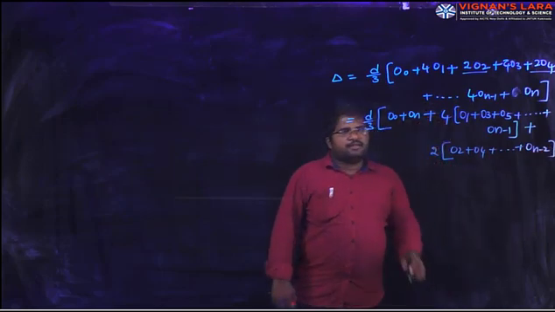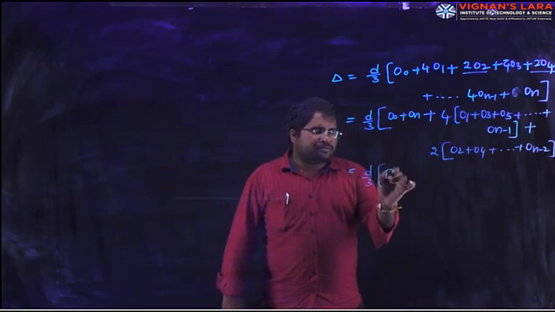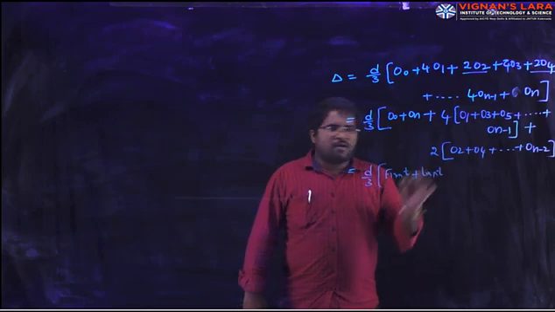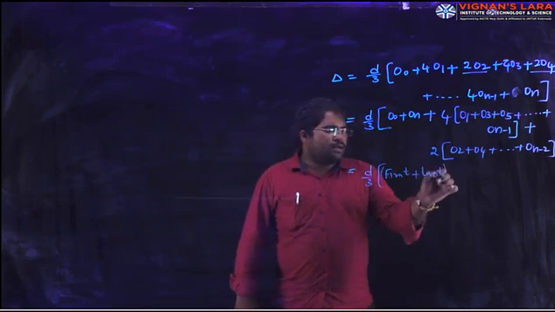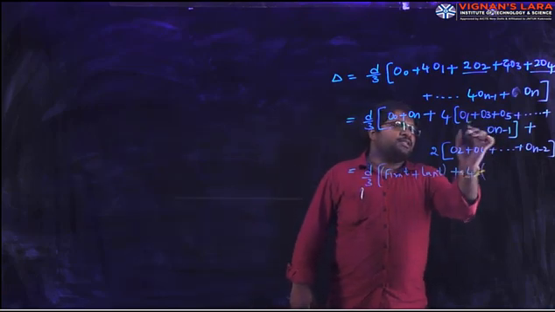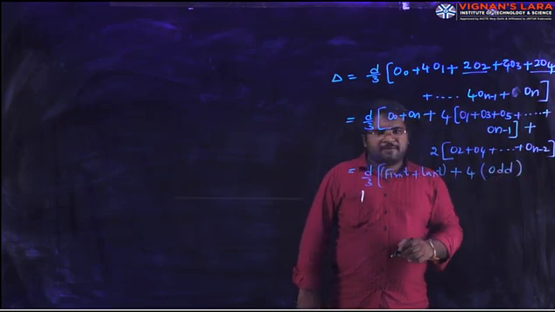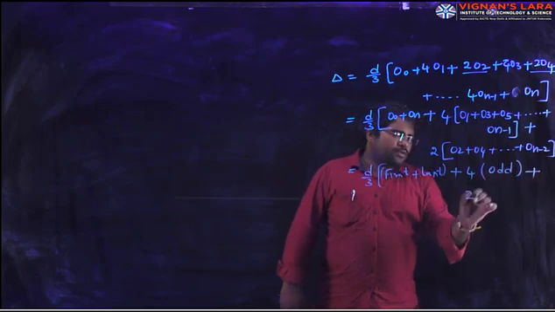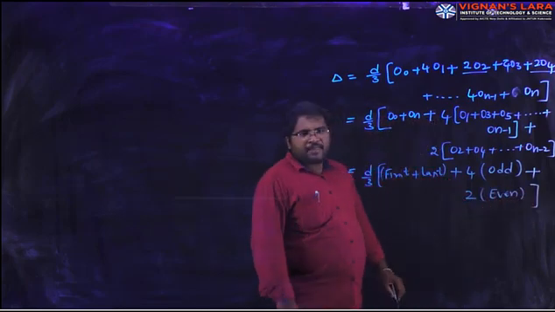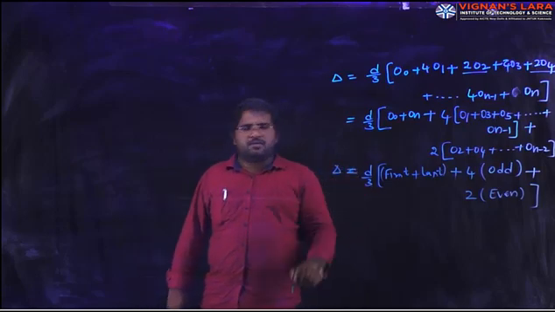This is the general equation, and you can also write it as d by 3 into first plus last offsets, plus 4 times of the odd ordinates, 1, 3, 5, plus 2 times of the even ordinates. This is the general equation for Simpson's 1/3 rule.